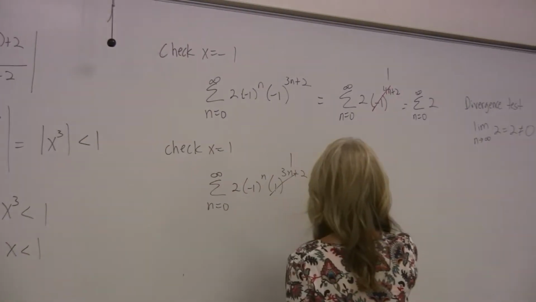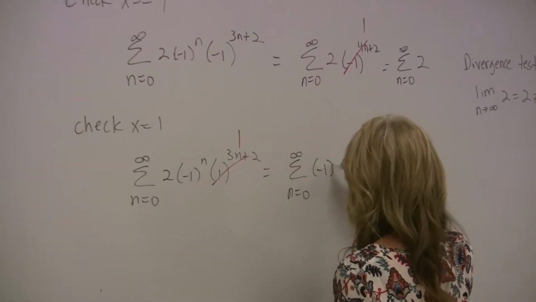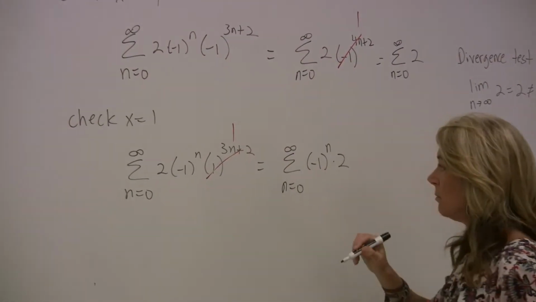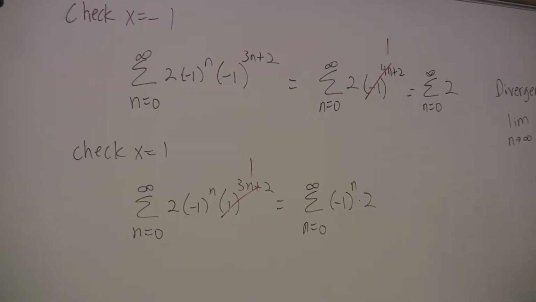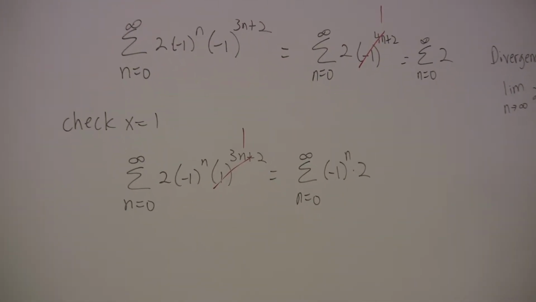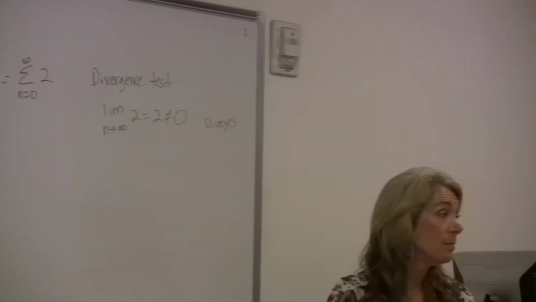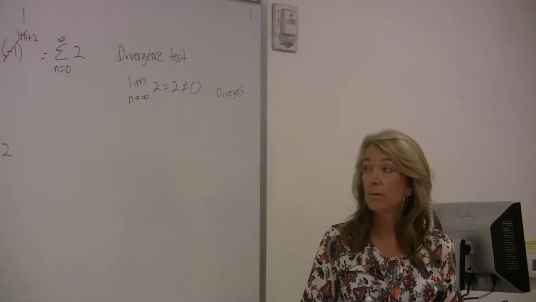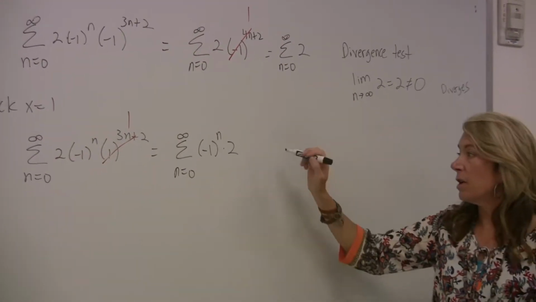So this is the series, n equals 0 to infinity, -1 to the n times 2. Oops, I put the 2 on the back. Same thing. What kind of series is this? This one's alternating now, because I still have this alternating part in there. So I'm going to use the AST.